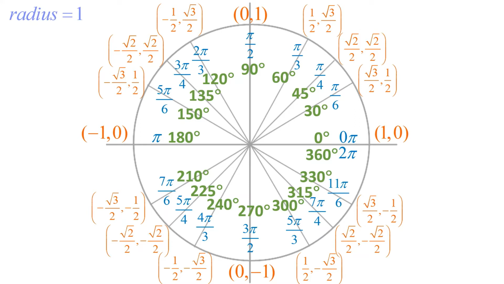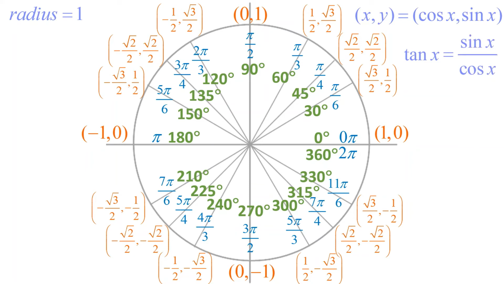We can use this unit circle to evaluate trig functions for any special angle. Keep in mind that every ordered pair on this unit circle represents the cosine of an angle and the sine of an angle in that order, cosine first, sine second.